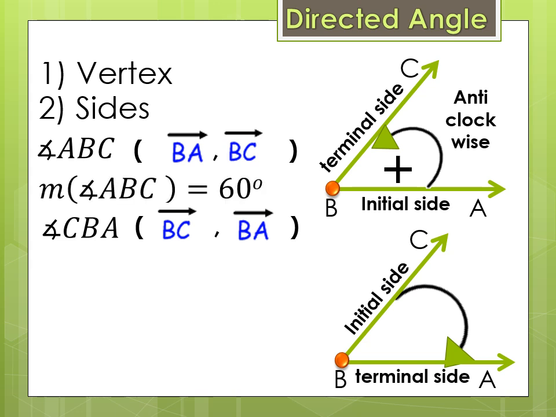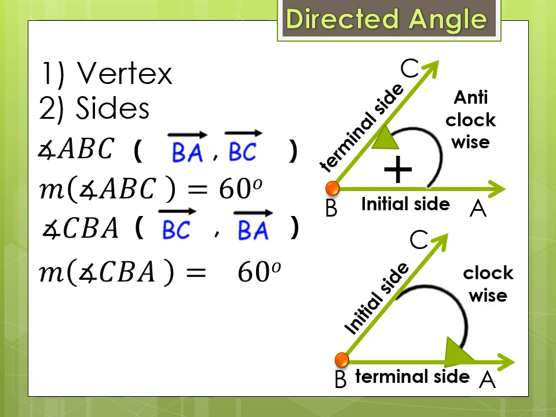With anticlockwise, the angle will be positive, like angle ABC 60 degrees. But if the angle moves clockwise, the angle will be negative. So negative 60 here means the direction is clockwise for the directed angle. So negative here means the direction is clockwise.